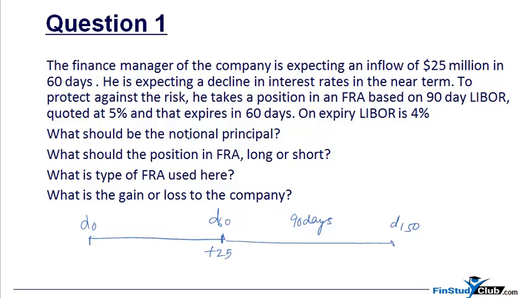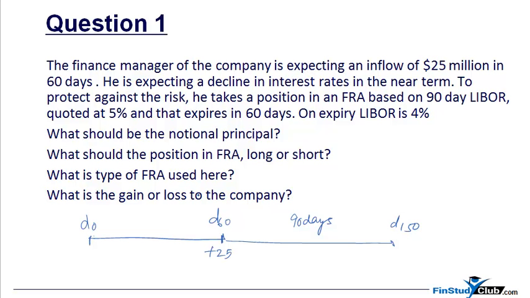Now given that the company is looking to lend money, we need to find out what should be the appropriate FRA position. A long FRA means borrowing money on a prospective basis, and a short FRA means lending money on a prospective basis. So that kind of gives you the answer that the company should ideally be taking a short position.